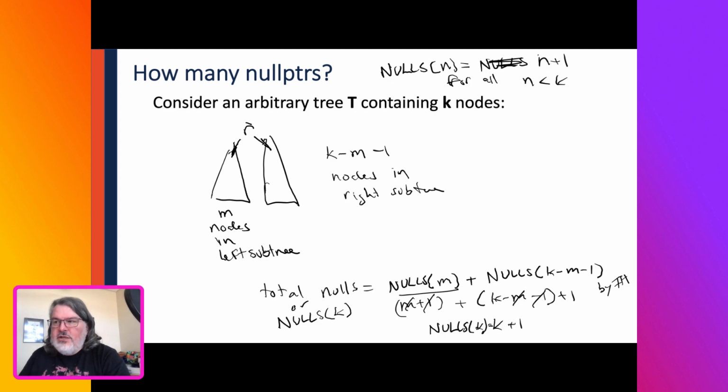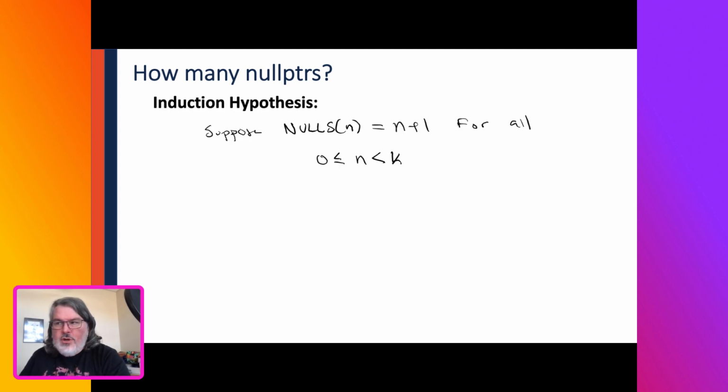Can we say k minus 1 has k null pointers? No. We can say that a tree with k minus 1 nodes has k null pointers.